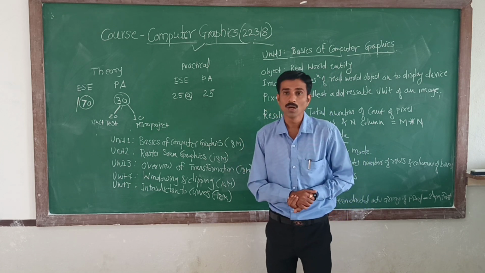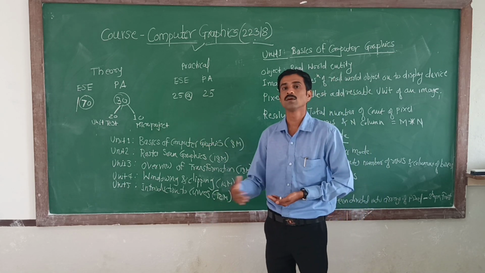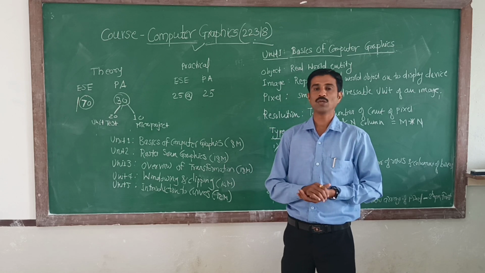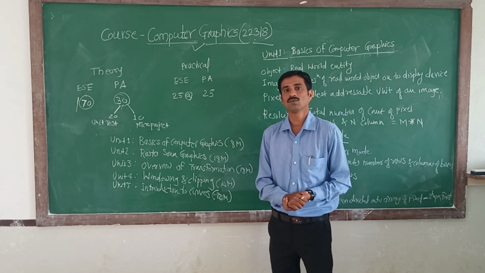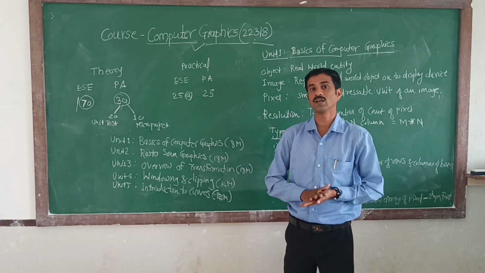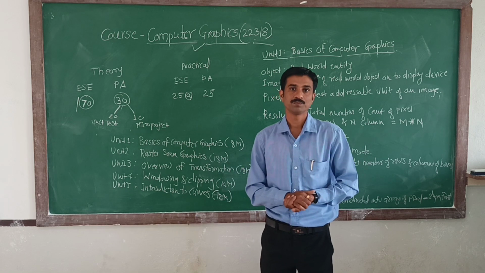Then moving ahead, in this subject there are 5 units. We will see one by one. Before that we will first see the definition of computer graphics, or what is meant by computer graphics.